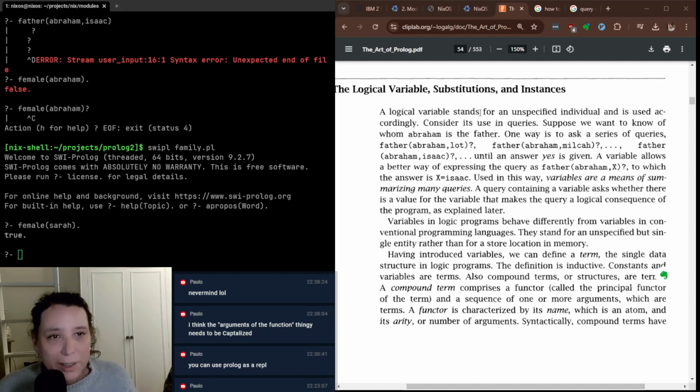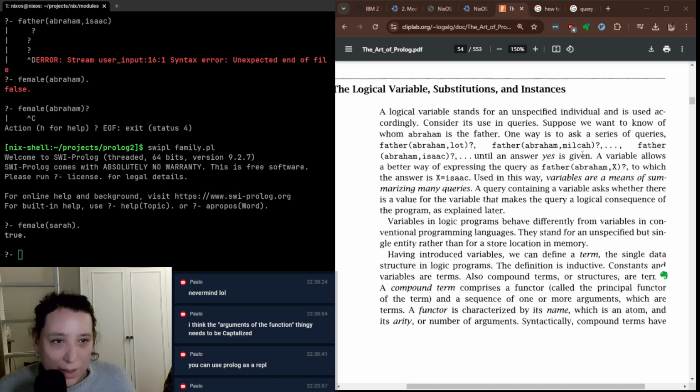A logical variable stands for an unspecified individual and is used accordingly. Consider its use in queries. Suppose we want to know of whom Abraham is the father. One way is to ask a series of queries: Father Abraham Lot, Father Abraham Milcah, etc., Father Abraham Isaac, until an answer yes is given.